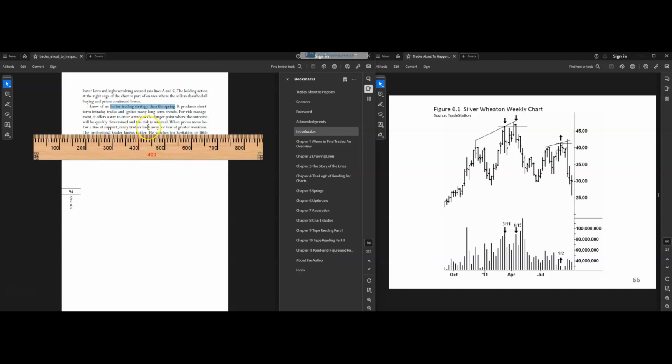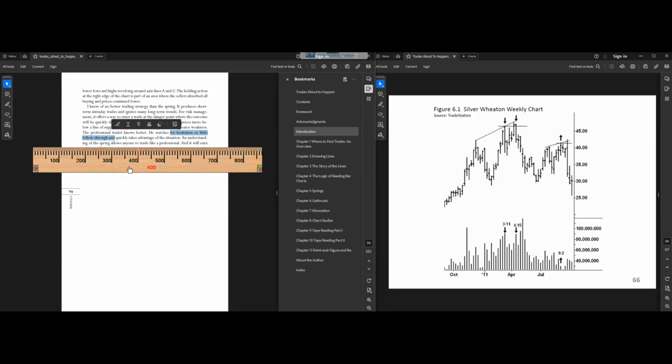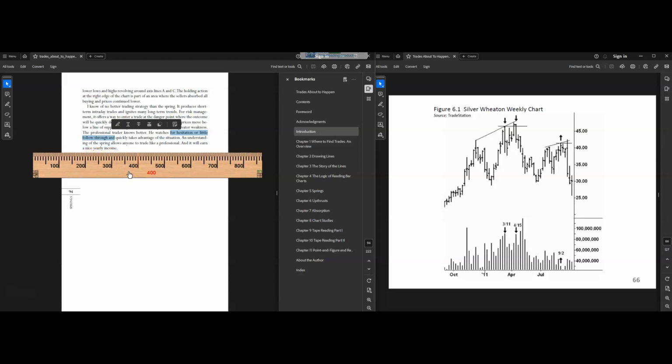When that breakout occurs, that fake out occurs, traders back off, right? But the professional trader knows better. He watches for hesitation or little follow through, and quickly takes advantage of the situation. And it will earn nice yearly income.